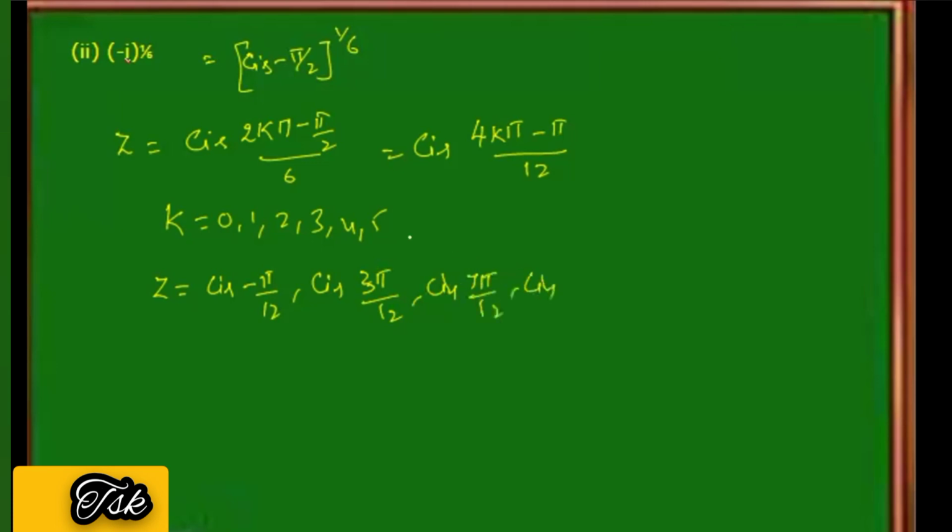And then cis 12 minus 1, 11 pi by 12. And then 16 minus 1, 15 pi by 12. And then cis 20 minus 1, 19 pi by 12. These are the 6 roots, the 6th roots of minus i.